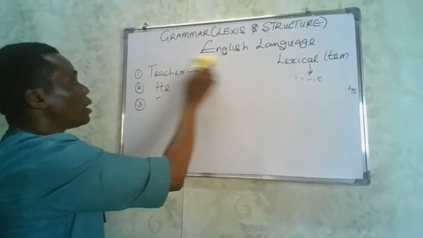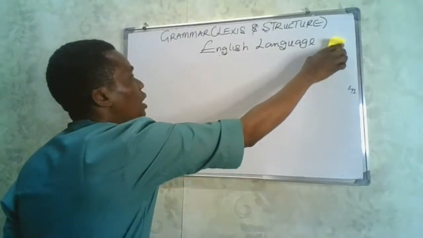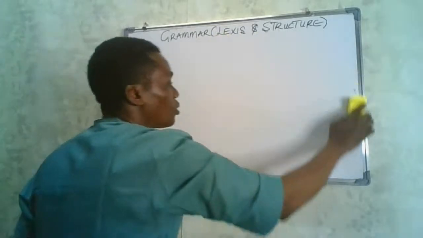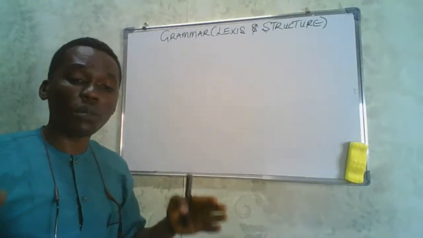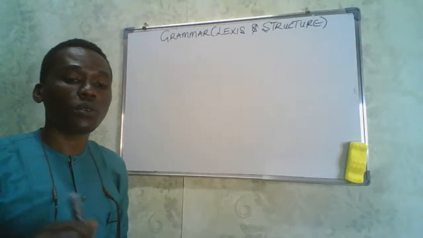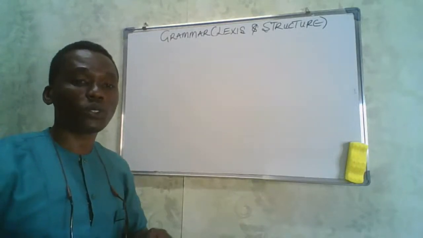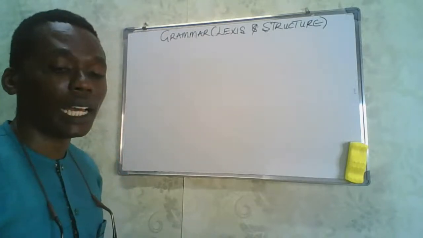So when we talk about structure, we talk about the application of rules in English language in order to form a meaningful utterance or a combination of such lexical items or words in order to form a meaningful structure of English. So a structure question is one like this.